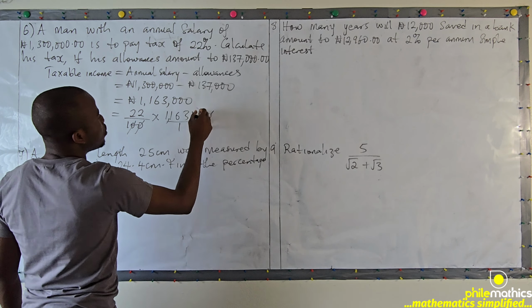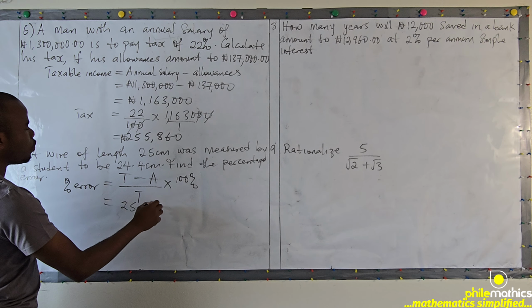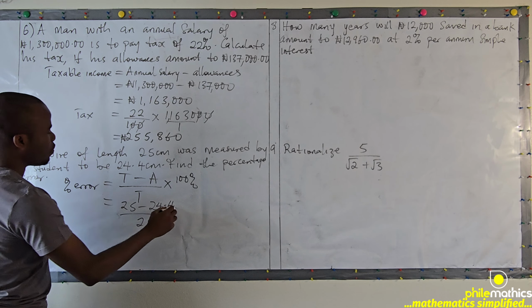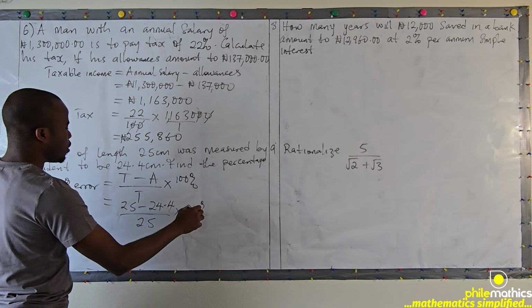Question 7 says a wire of length 25 cm was measured by a student to be 24.4 cm. Find the percentage error. The formula for percentage error says the true value minus the approximate value over the true value times 100%. So the true value is 25, approximate is 24.4, over the true 25 times 100%.